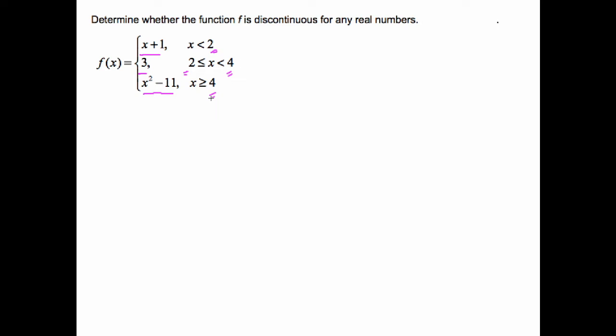So for each of these points, and I'll just refer to them generally as x equals a, I'm going to ask three questions. Does f of a exist? And does the limit as x approaches a of the function exist?